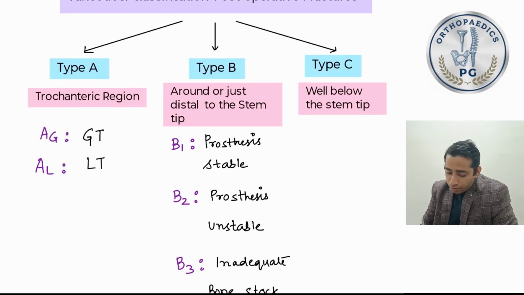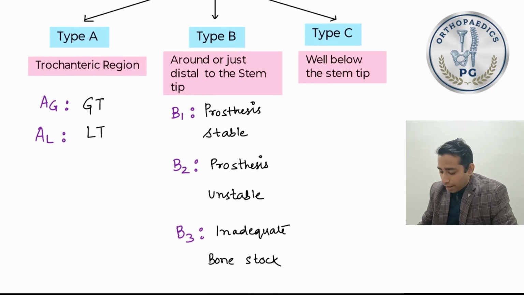A is further divided into AG involving the greater trochanter or AL involving the lesser trochanter. B has three subtypes: B1 in which the prosthesis is stable, B2 in which the prosthesis is unstable, and B3 in which there is inadequate bone stock.